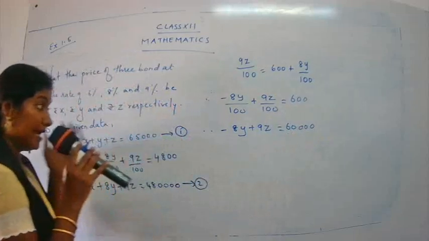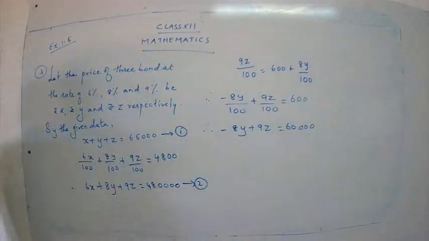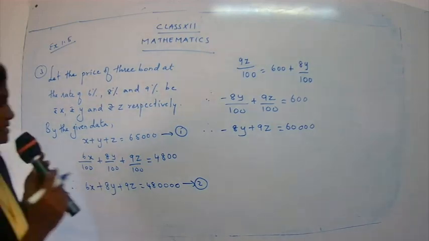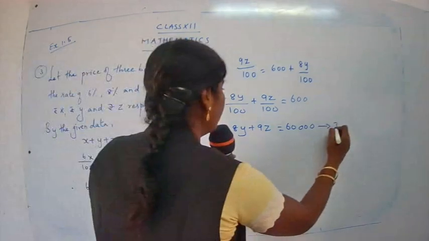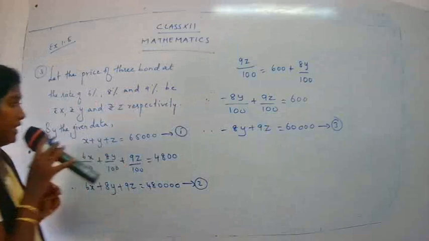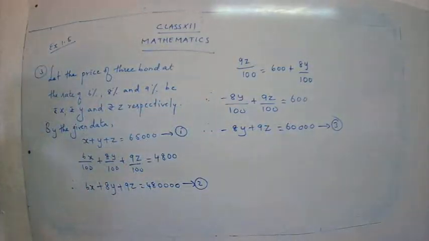So minus 8y plus 9z is equal to 60,000. 2 zeros here, 600 into 100 gives you 60,000. So just name this as equation number 3. So we have found equation 1, we have found equation 2 and also we have found equation 3. So totally we have found 3 equations.